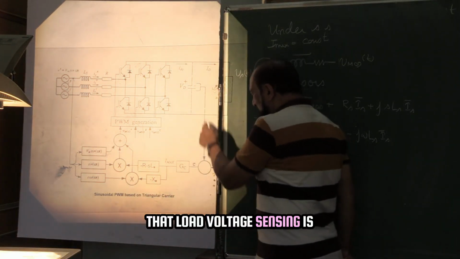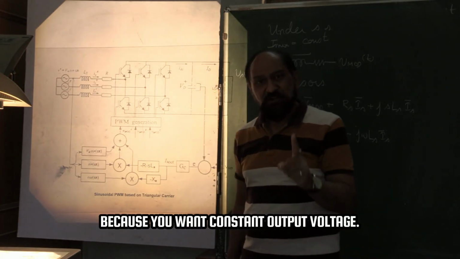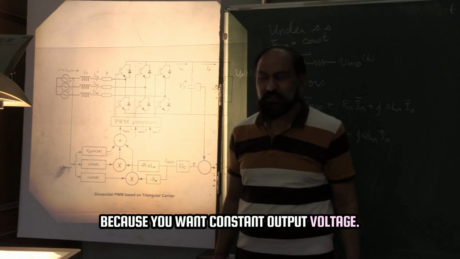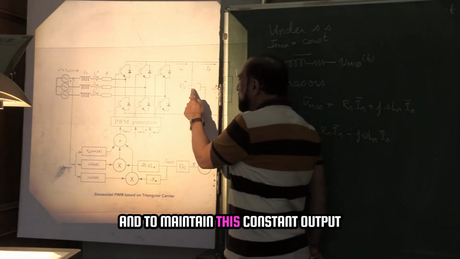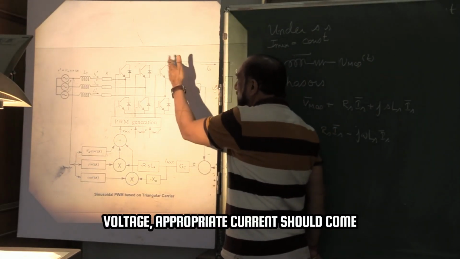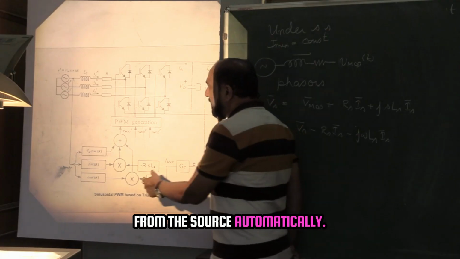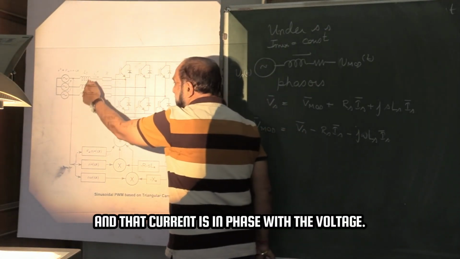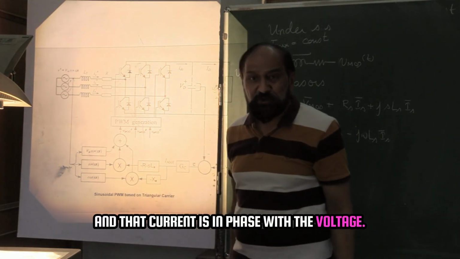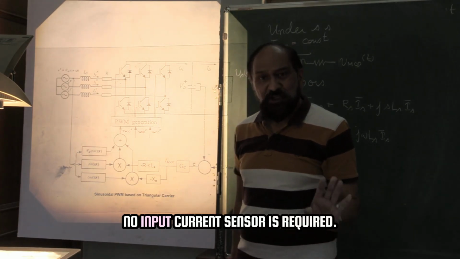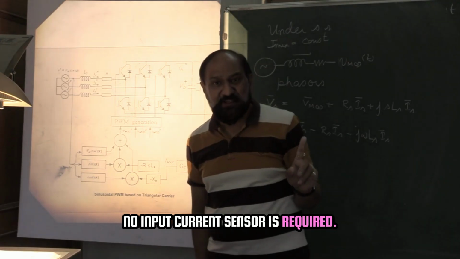That load voltage sensing is because you want constant output voltage, and to maintain this constant output voltage, appropriate current should come from the source automatically, and that current is in phase with the voltage. No input current sensor is required.